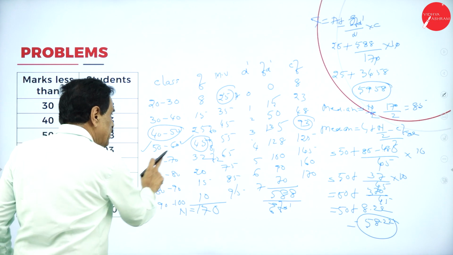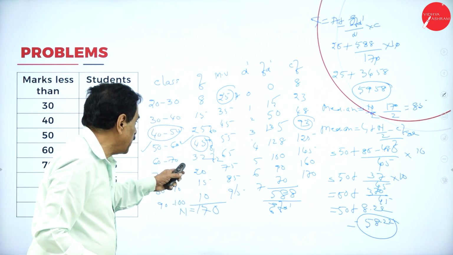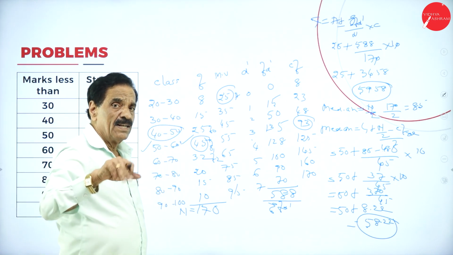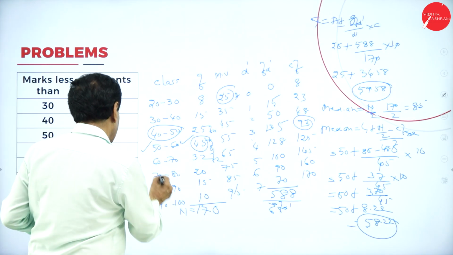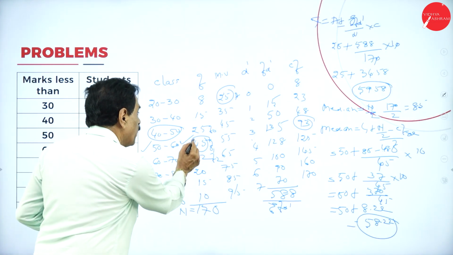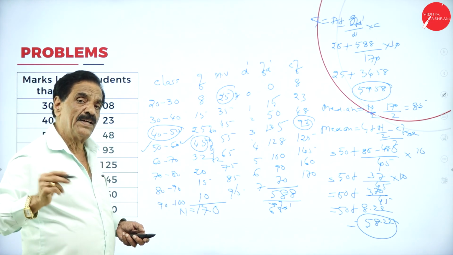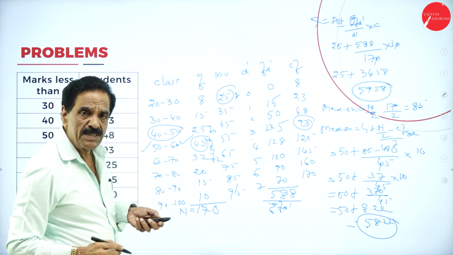If you see your problem, the highest frequency here is 45, behind is 25, next is 32. Highest is 45, F0 is 25, F2 is 32. Your class is between 50 to 60.